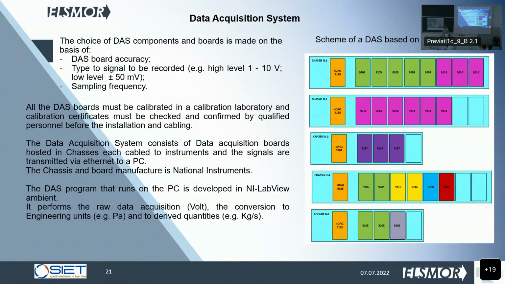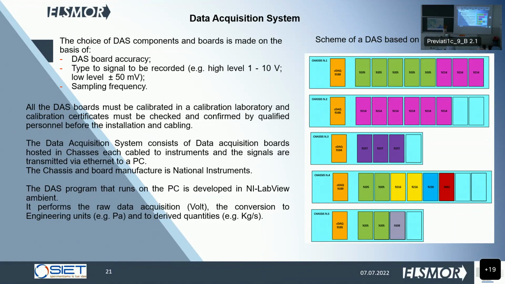At CIET, we use, in general, National Instruments components and LabVIEW Ambient, still from National Instruments, to develop the software for data acquisition. So this is an example of a data acquisition system.